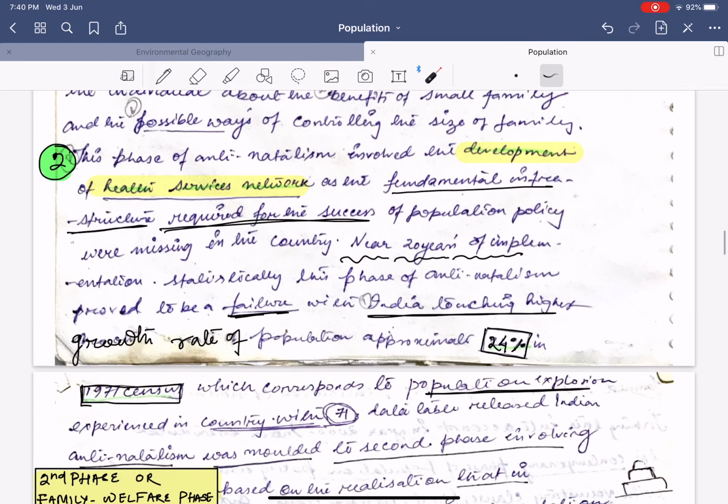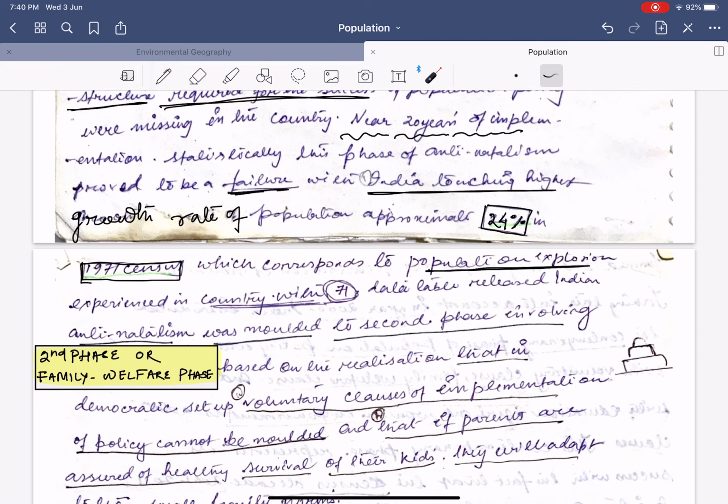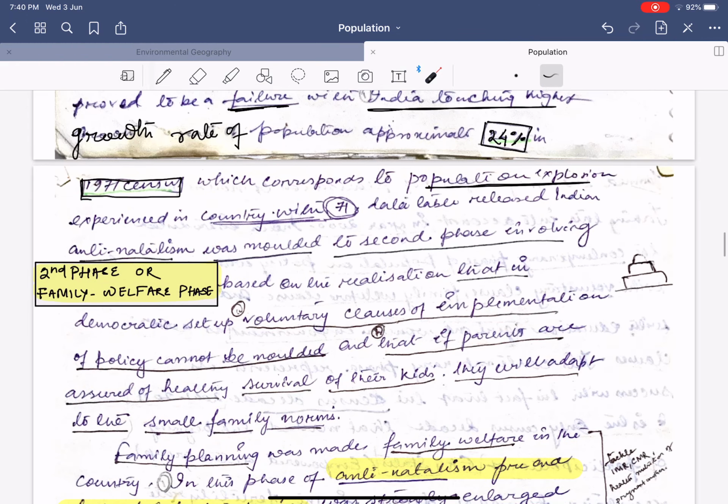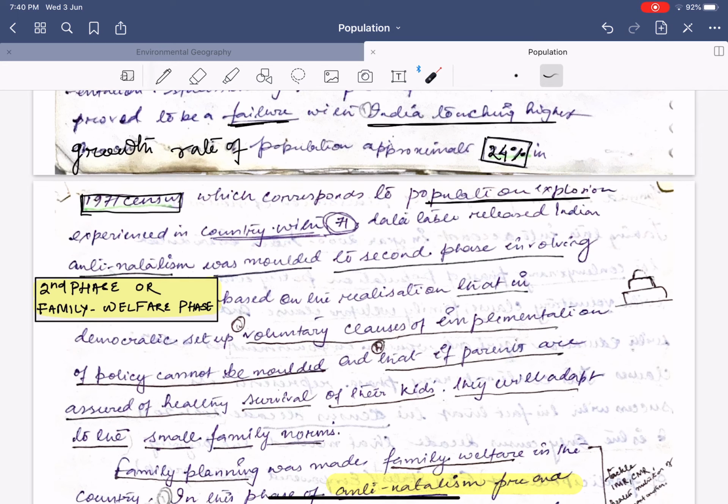The growth rate was 24% as per the 1971 census, which corresponds to a population explosion. So in the 1971 census, what we found was that this had led to a population explosion. This was experienced in the country in 1971, as per the 1971 data table released by the Indian National census.